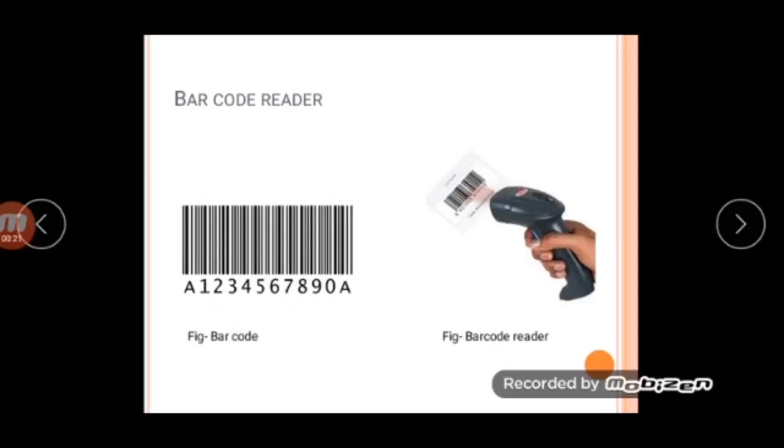The barcode is a unique combination of vertical bars that represent product information such as price and place of manufacture. The cashier uses a barcode reader to scan the barcode on each purchased item, which is entered as an input into the computer. The computer uses the barcode to identify the product.